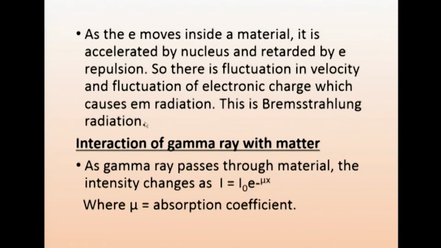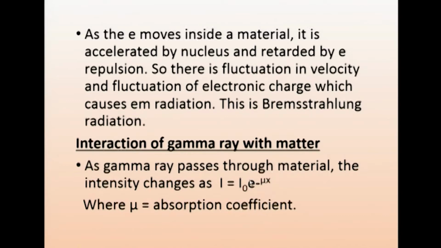This is due to fluctuation. Now, we will just see the interaction of a gamma ray with matter. As a gamma ray is chargeless, as it passes through a material, the intensity changes as I equals I0 e to the power minus mu x. Everywhere in nature we get this exponential form.